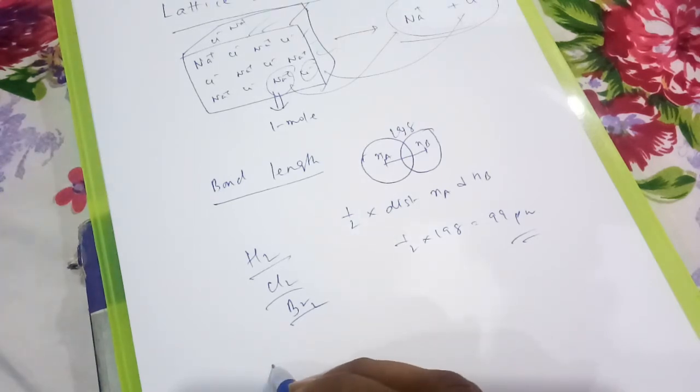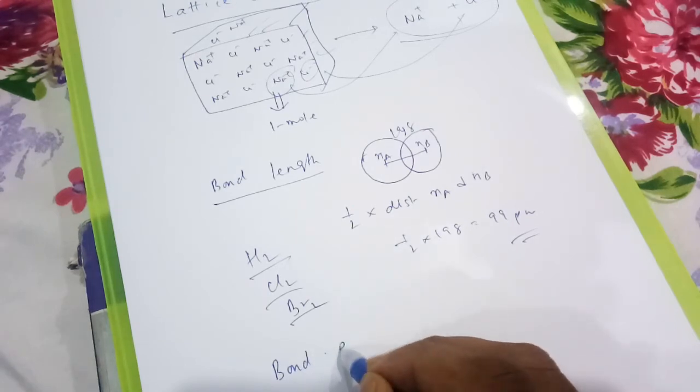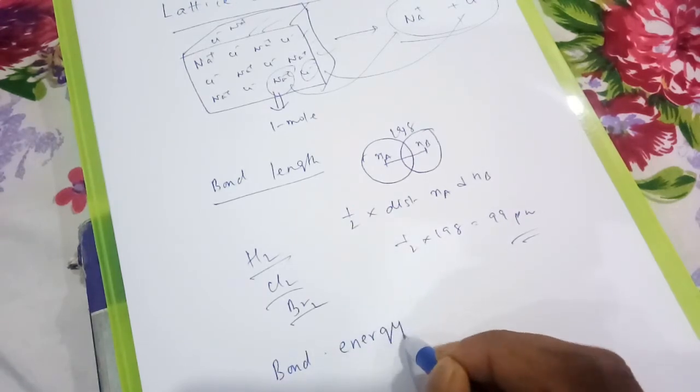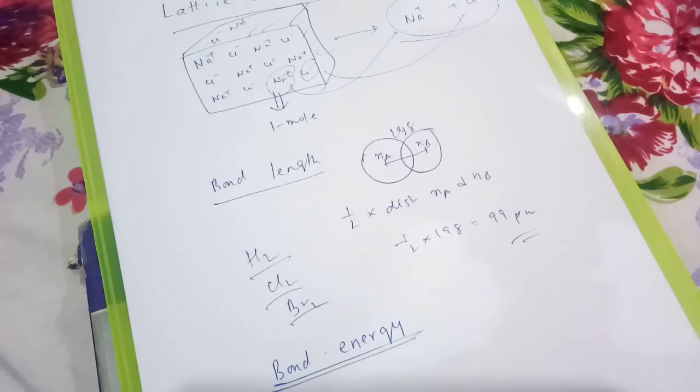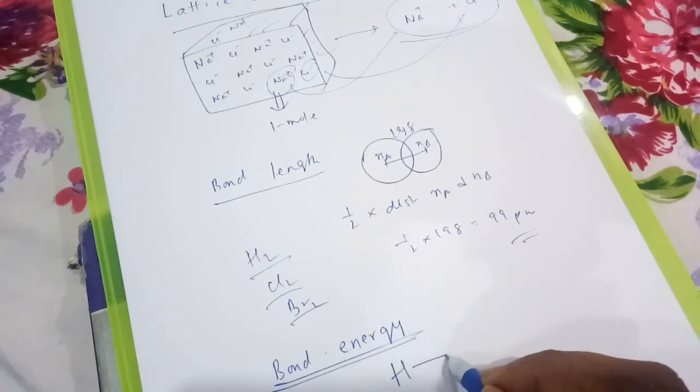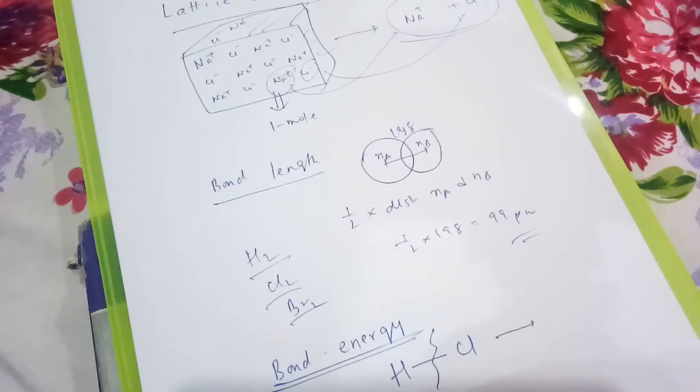Another one is bond energy. It is the energy required to break down 1 mole of bonds. 1 mole means 6.022 times 10 to the power 23 bonds.